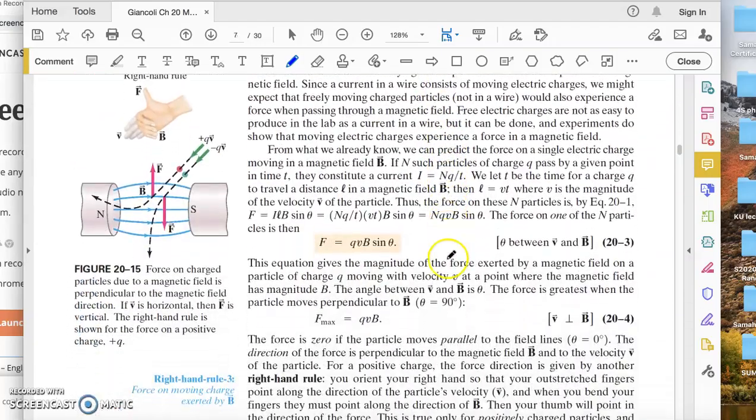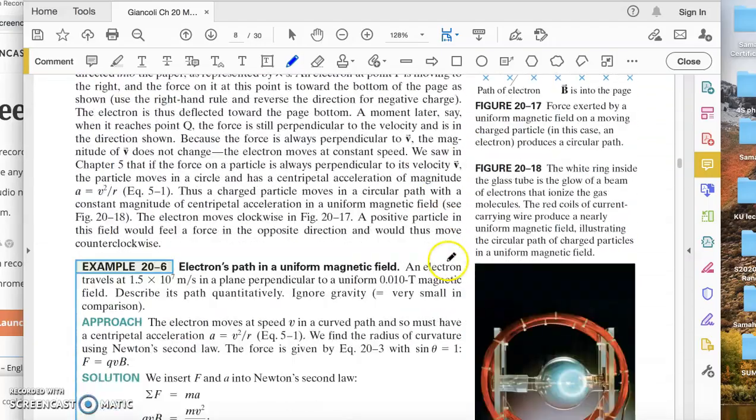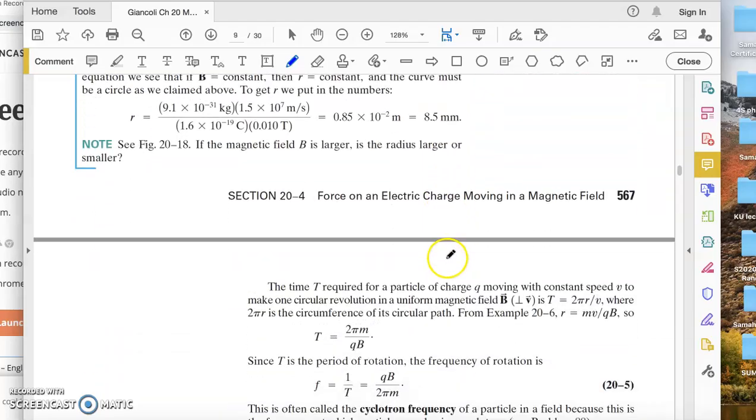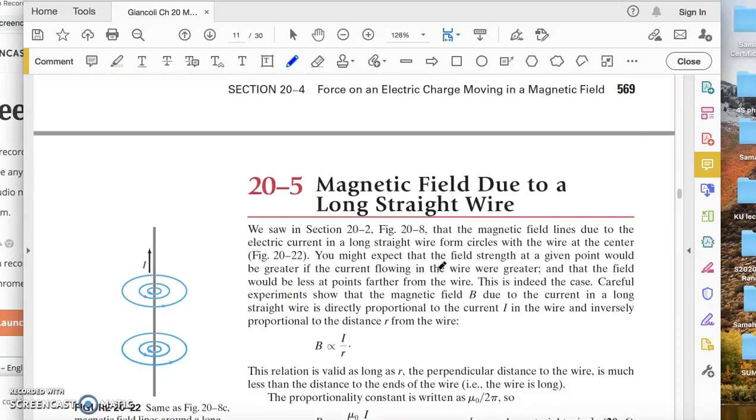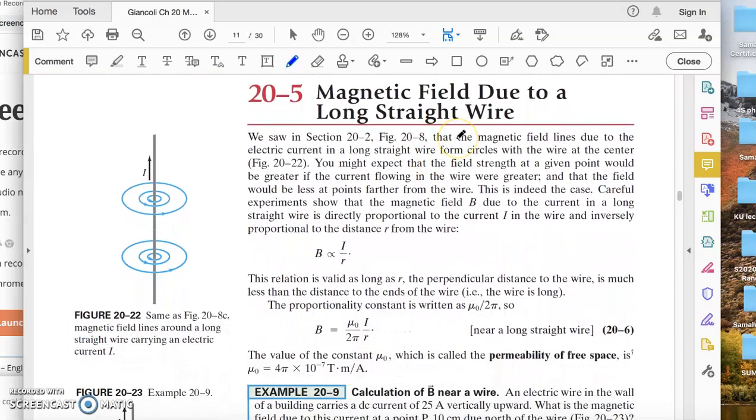Okay, and let me just come directly to section 20.5, which is talking about the magnetic field due to a long straight wire.